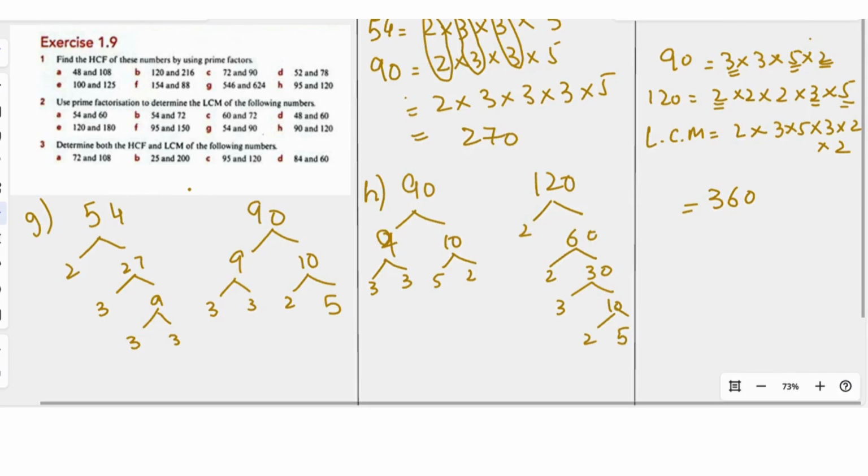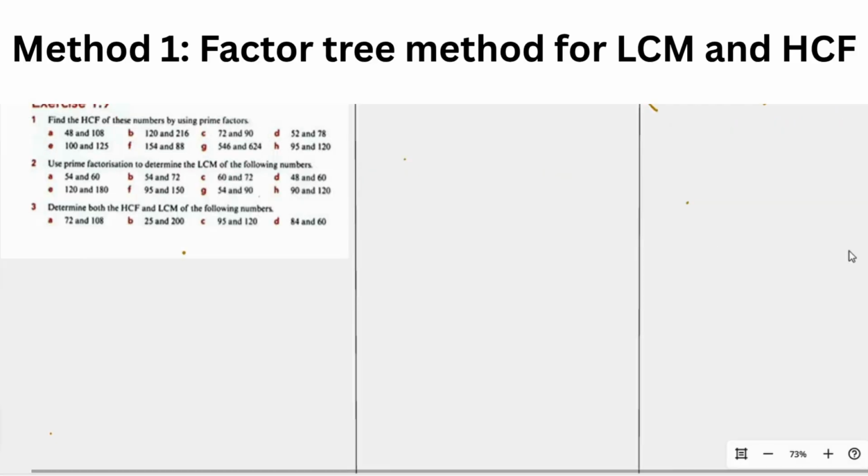Okay, here in question number 3, we have to find LCM and HCF both. So I am using both methods, factor tree method and division method. First, I will do this question with the help of factor tree method. It's the same. And 108. I'm going to split it into prime factors.